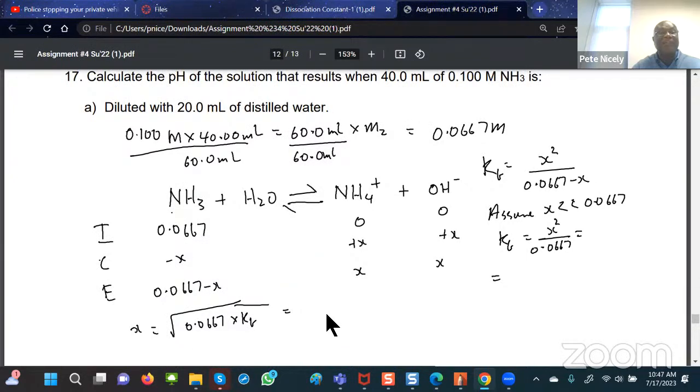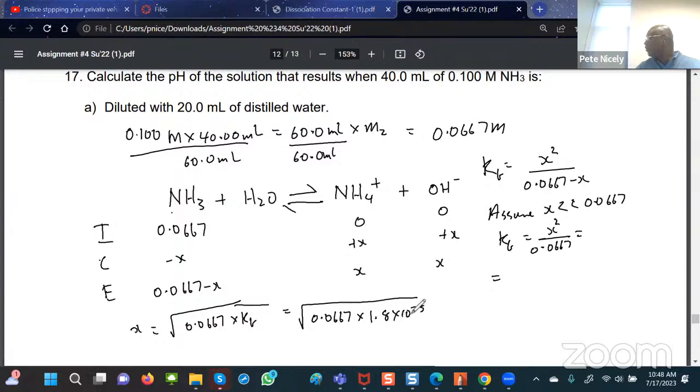So go back to this here. Okay, so this would be 0.0667 times KB, which is 1.8 times 10 to the minus 5.